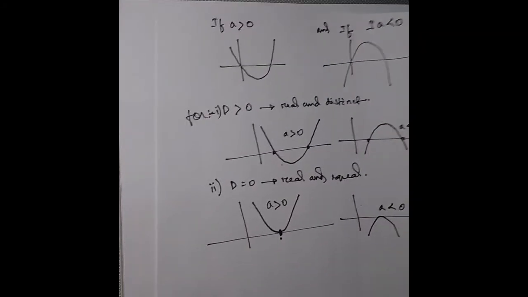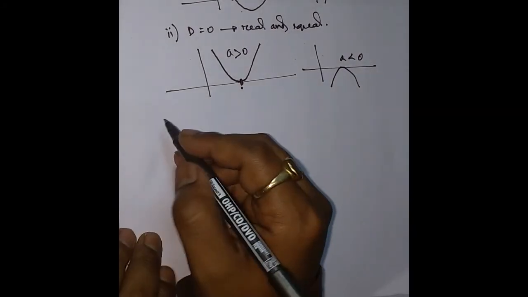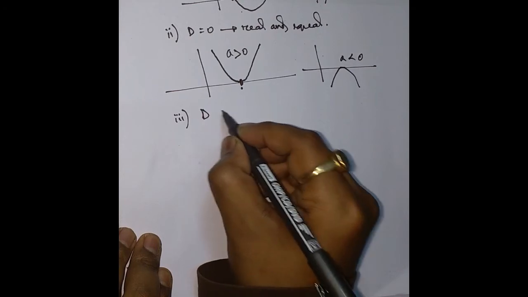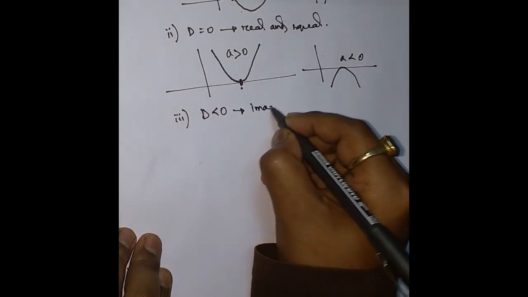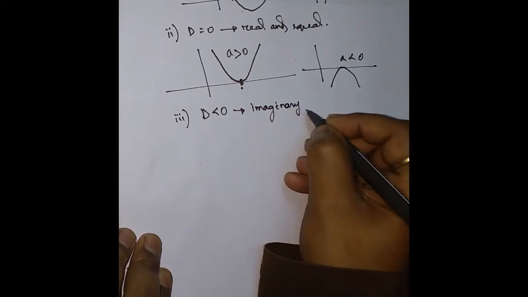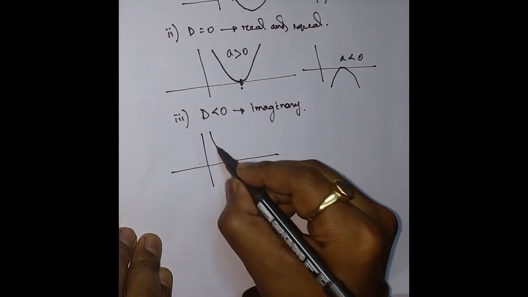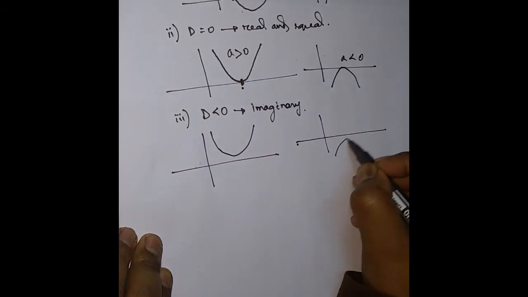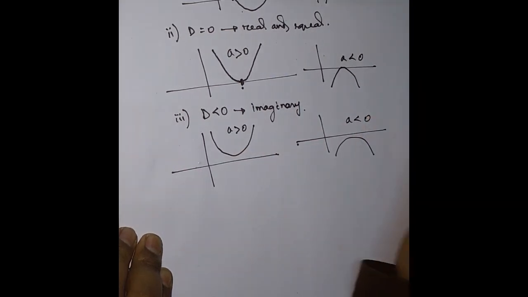We come to point number 3. For D less than 0, the roots are imaginary. Imaginary means the graph does not touch the x-axis at all. This is for a greater than 0, this is for a less than 0.